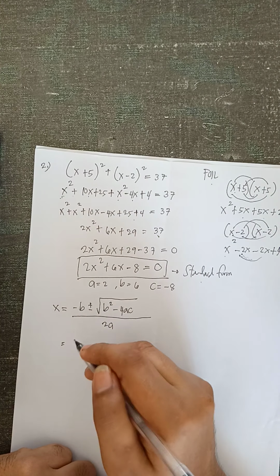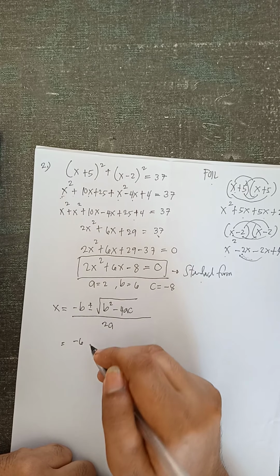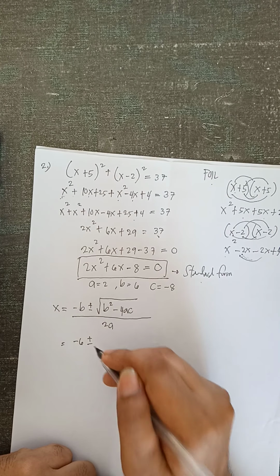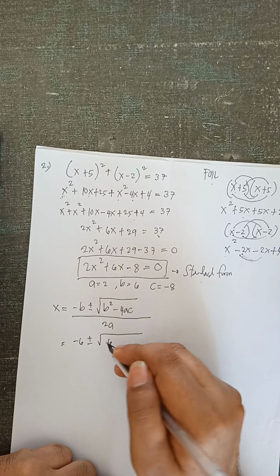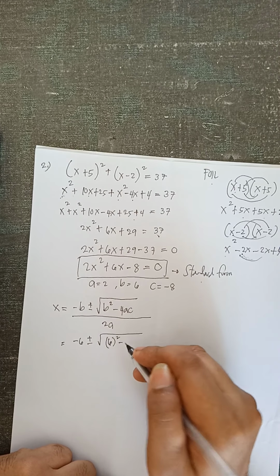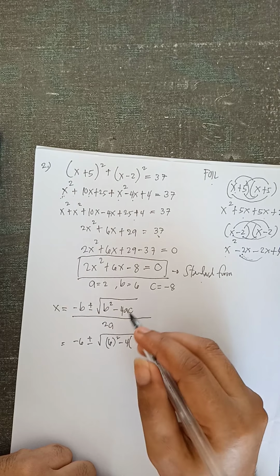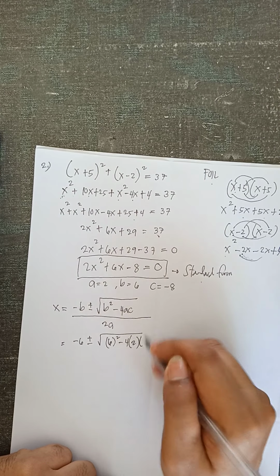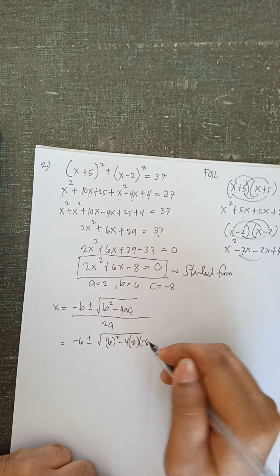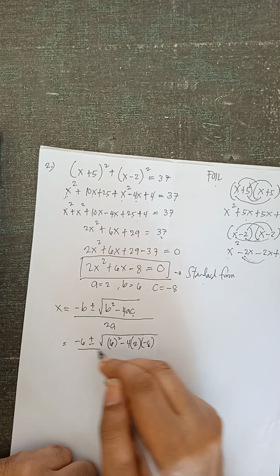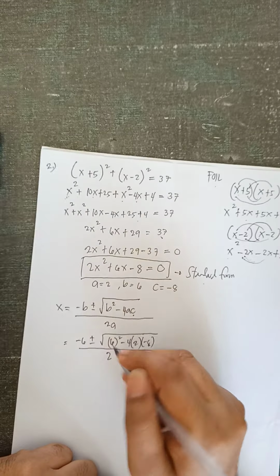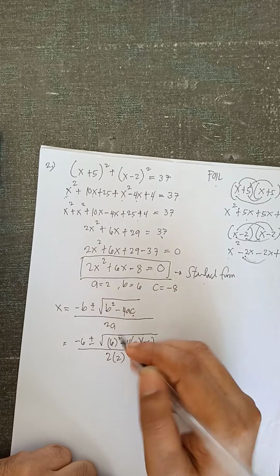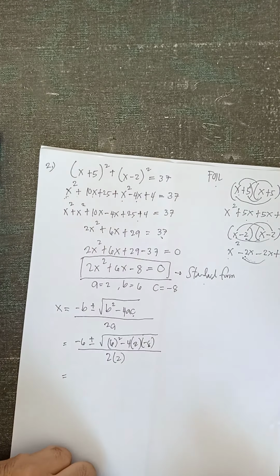We have negative b, negative 6, plus or minus the square root of b, which is 6, squared minus 4 times a, which is 2, times c, which is negative 8, all over 2a, which is 2 times 2.